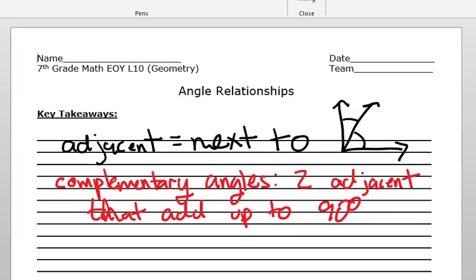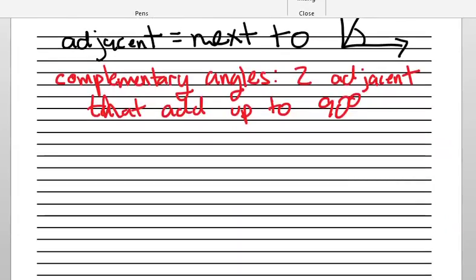And we're going to practice that a lot more. So if I were to have this and I had these two angles right here, and when I put them together, they added up to 90 degrees.